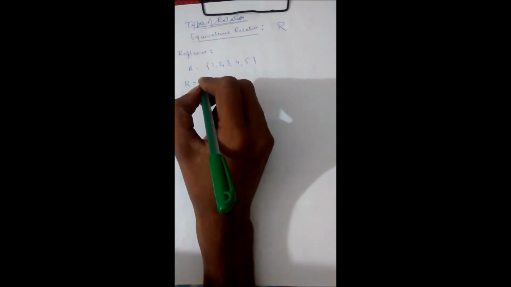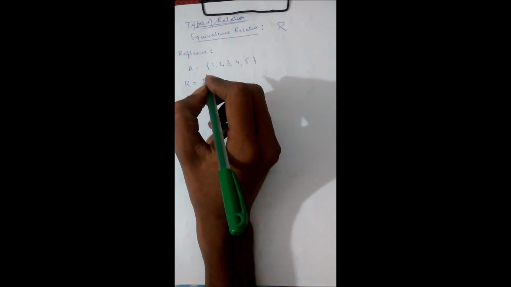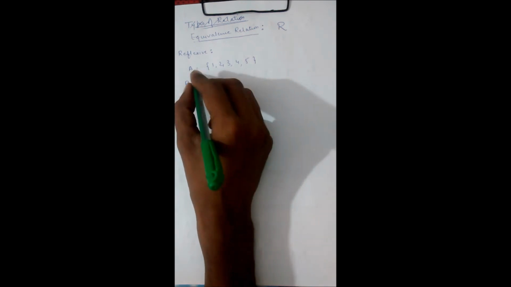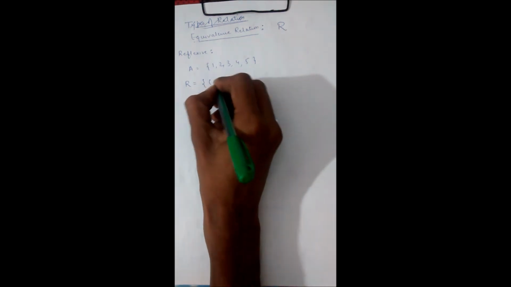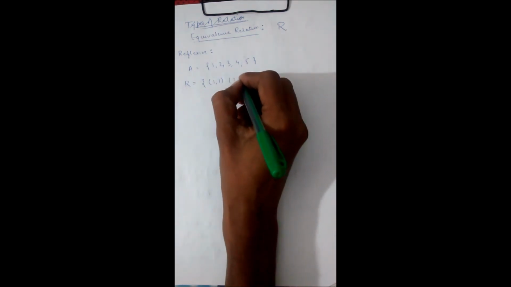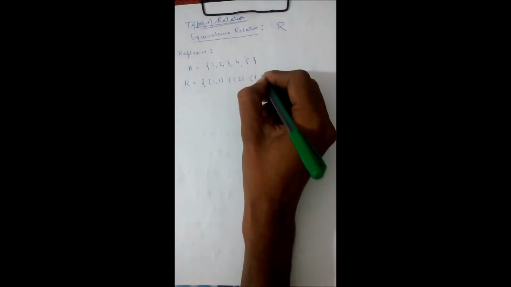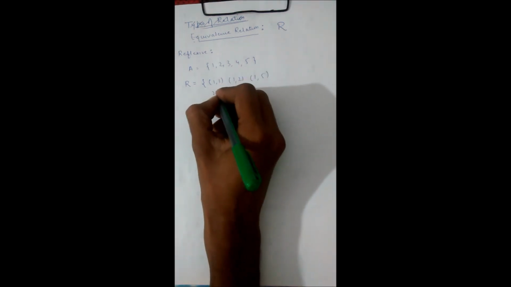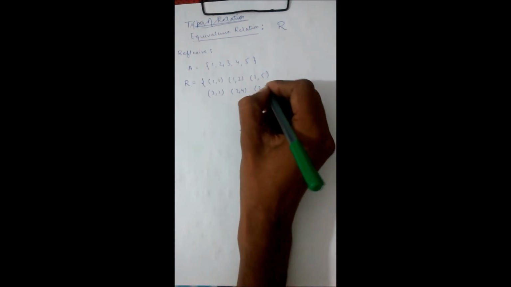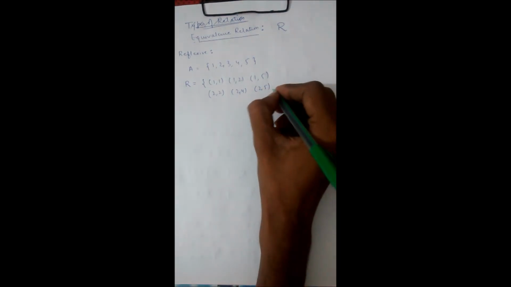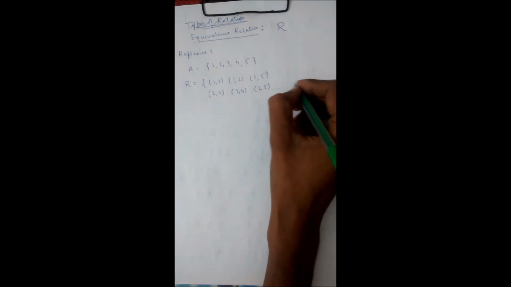Now let R be a relation, and we know that a relation is nothing but a subset of A cross A. So this will contain coordinate pairs like (1,1), (1,2), (1,5), (2,2), (2,4), (2,5), and so on, elements like this.